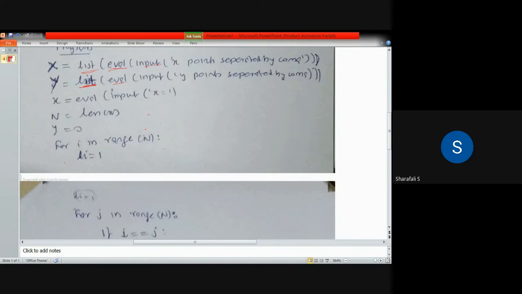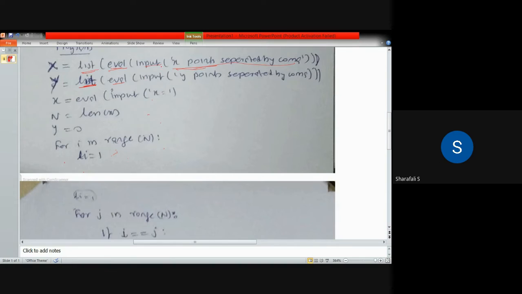If you are using float, then it will directly give you float values. So you don't have to specifically say int of input, or float of input, or string of input. You just have to use this eval function.